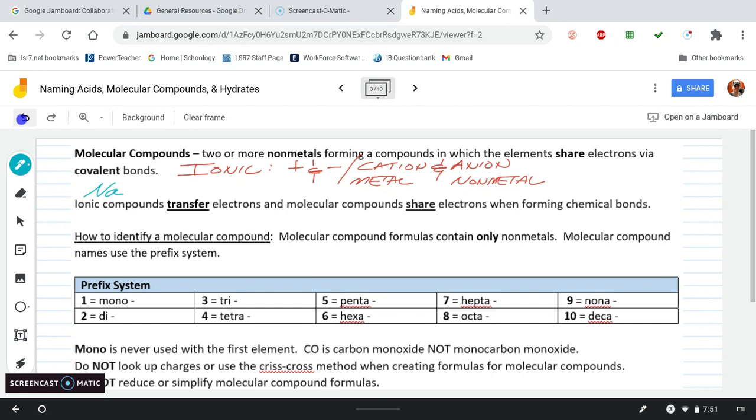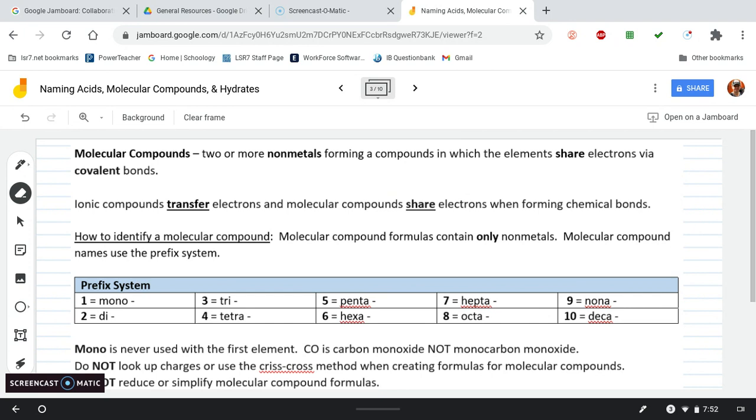And so what a molecular compound is, instead of transferring electrons, the difference is the electrons are shared. So you have two negatives now, all right? Two things that are negative. So you're looking for nonmetals.